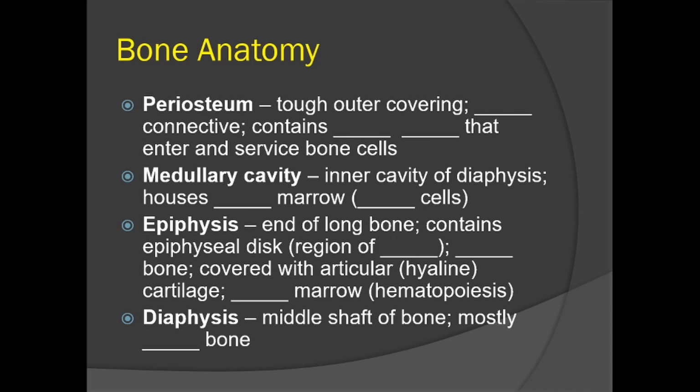And this is where hematopoiesis occurs, in the red marrow within the epiphyses and other regions of the body. Hematopoiesis is not just occurring in the epiphyses, but that's an area where it does occur. The diaphysis is the middle shaft of the bone, and it's mostly compact bone.